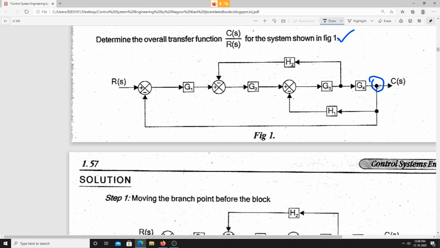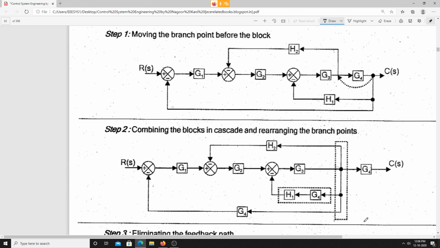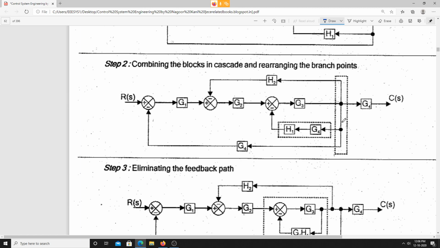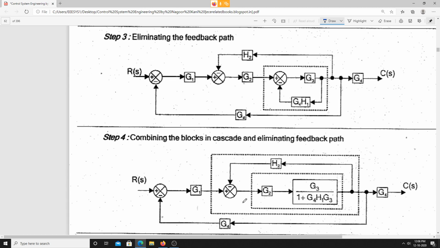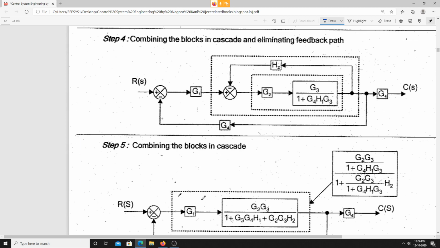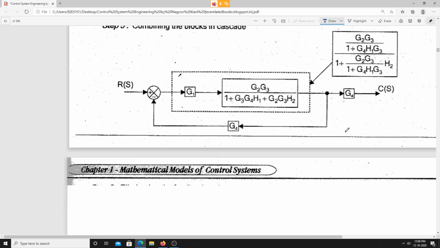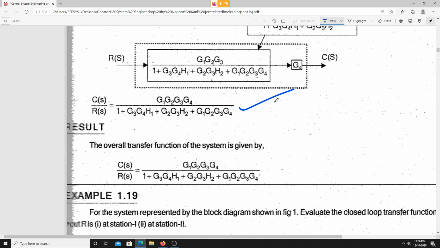Now after shifting that, they rearranged it in such a way that this path can be eliminated and this path can be eliminated, this feedback path and this feedback path can be eliminated, and finally the entire loop got eliminated. And fine. So this is the final transfer function we are having. I hope that it is clear for you.